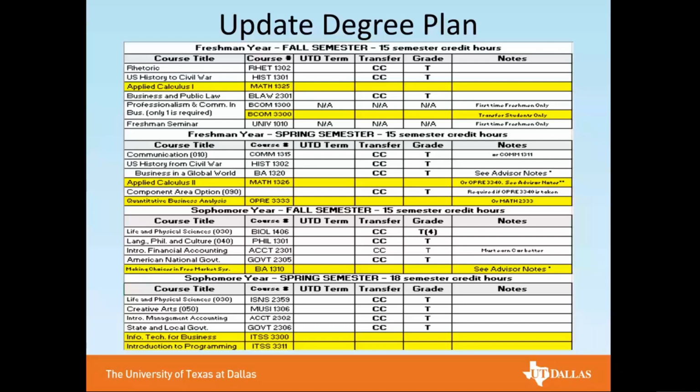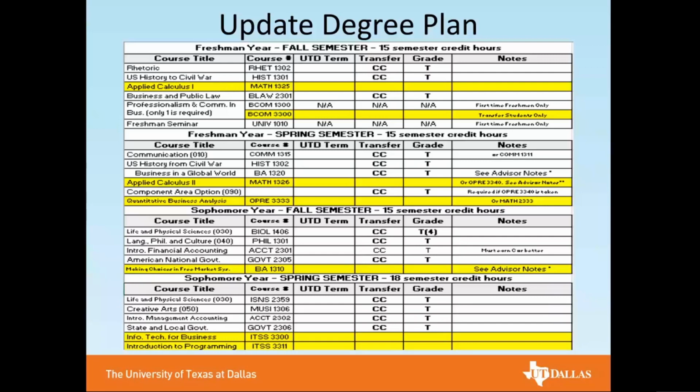Next are the major preparatory courses, which include any math classes, also courses like economics or business law, accounting, and so on. And then we have what we call the JSOM core, or your major core classes for business. And after that, you have your major related classes and guided electives. Now, these last two that I mentioned are specific to your major.